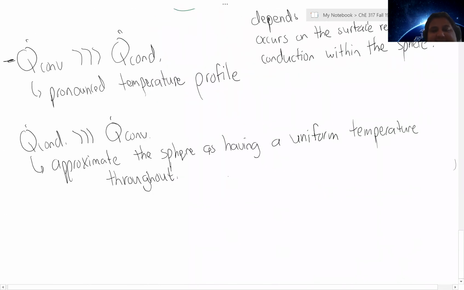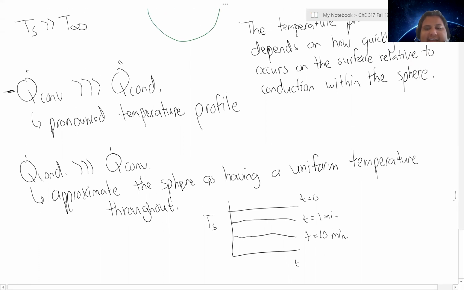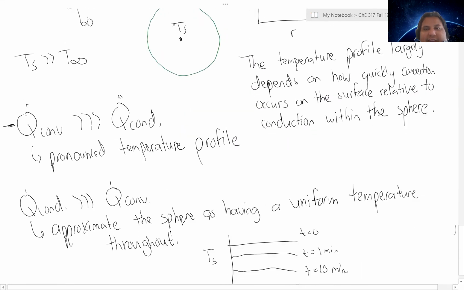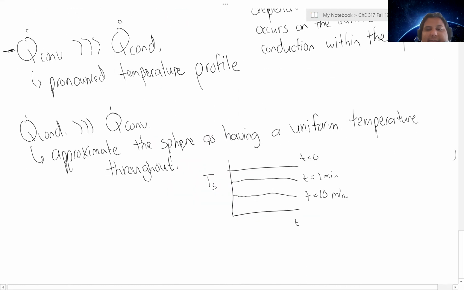For the second case, we might find that the temperature over time might look a little more like this, where the temperature's falling uniformly throughout the object. And so in that case, I can consider the system or the object as having a uniform temperature, or as we call it, a lumped system.